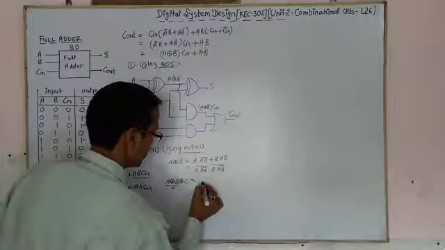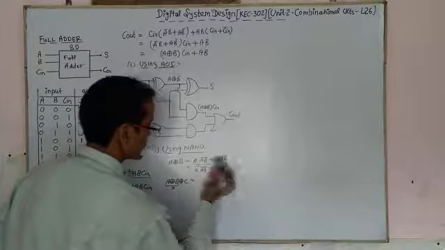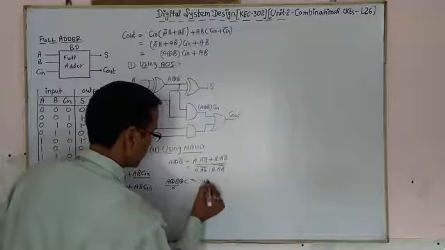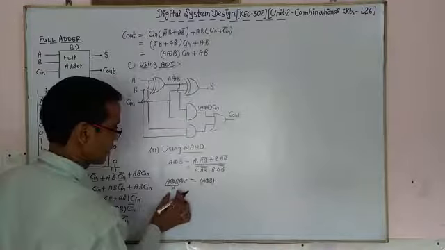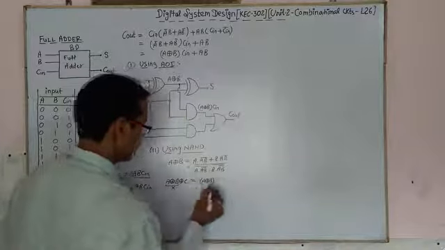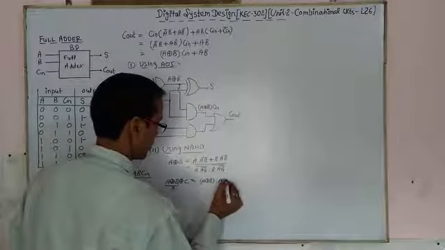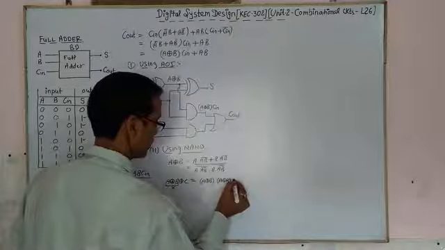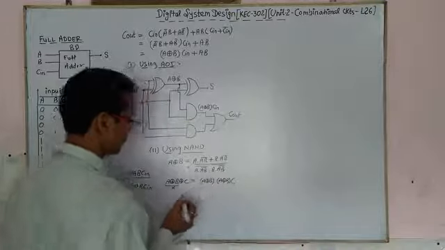Okay, so A XOR B, this is x, that is A into (A B bar) bar, B into (A B bar) bar, A XOR B. A XOR B into C. C means what?